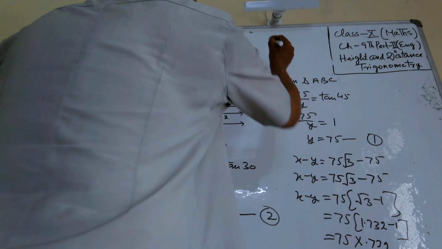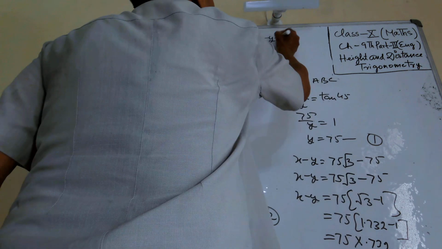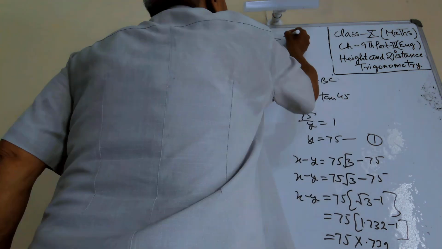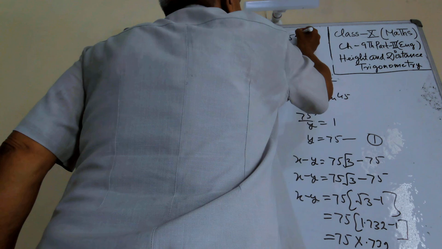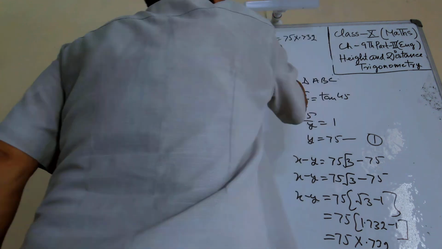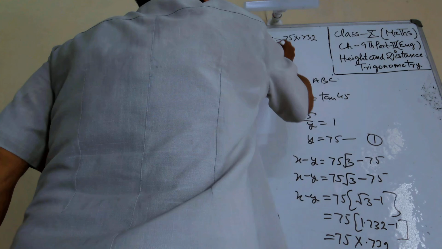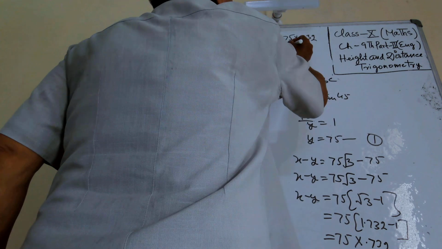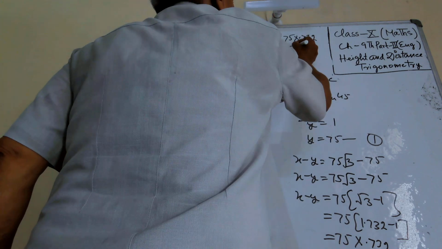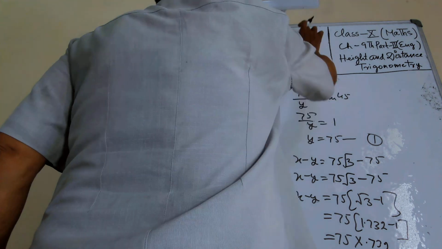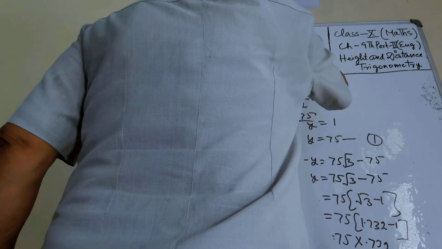Here I am writing x minus y is equal to 75 into 0.732. If you multiply this, you will get approximately 55. You have to make this calculation.